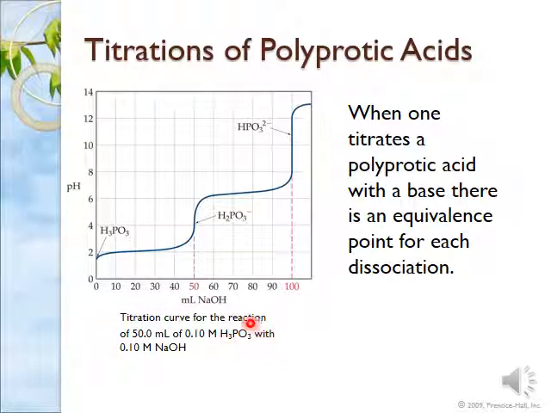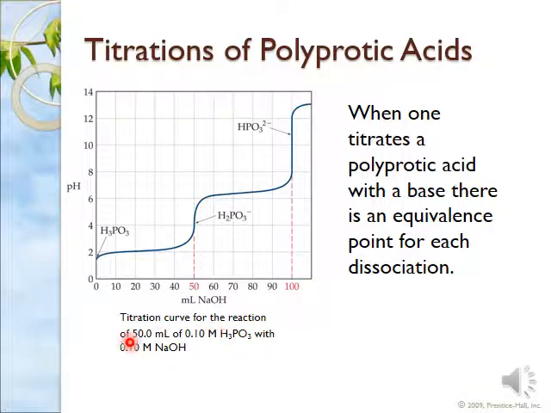For this phosphoric acid, 50 ml of 0.1 molar was titrated against a strong base, sodium hydroxide, 0.1 molar. Based on this information, we can find the equivalence volume of sodium hydroxide needed to titrate the sample here.